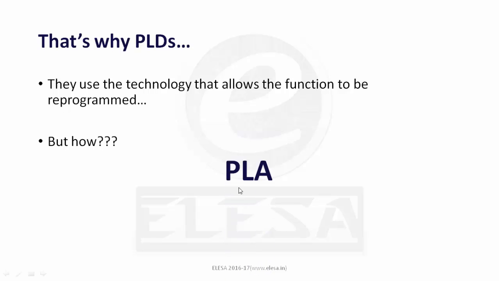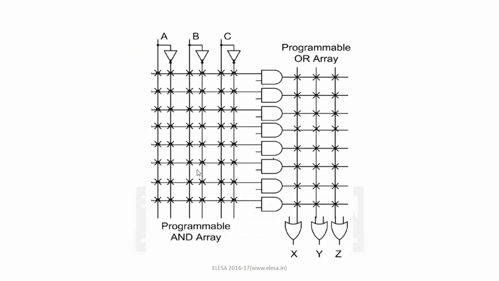PLA stands for Programmable Logic Array. Actually, this is a type of PLD. We can have a brief look into this. This is the structure of PLA. You can see in the PLA there are 8 AND gates and 3 OR gates, right? And the wires are laid inside it, but one thing is that these wires are not connected with each other.